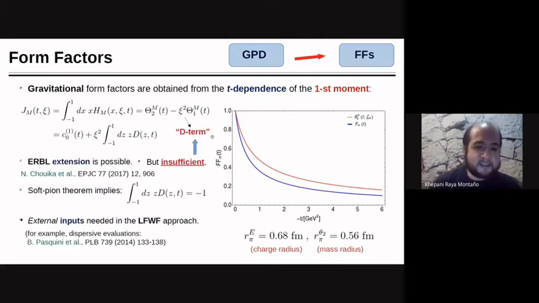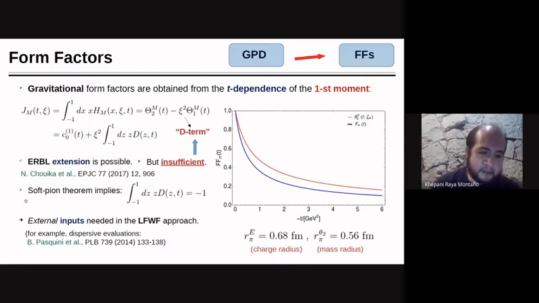The θ1 gravitational form factor is harder for us because, first of all, this is a D term. And although an extension to the ERBL region is possible, this extension is not sufficient. We need to fix this D term somehow.